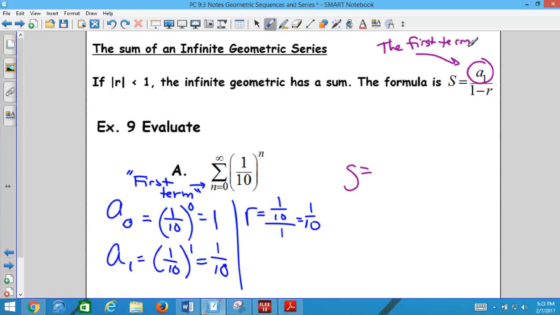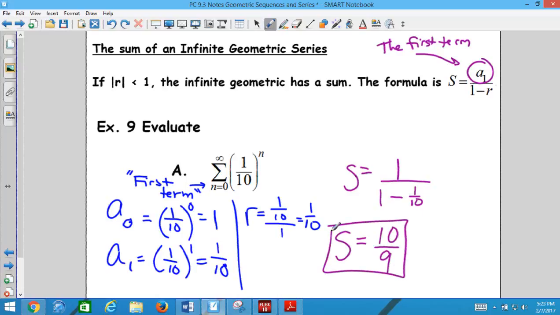So in this case, it's really a sub 0. So I got 1 over 1 minus my ratio, 1/10. So I'm going to type that in my calculator, and we will get 10/9.